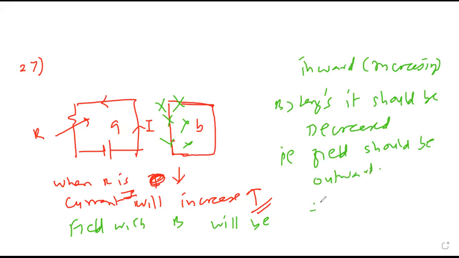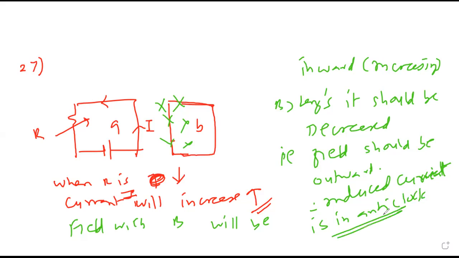Therefore, induced current is anti-clockwise. Induced current is in anti-clockwise direction. Now, write B, always anti-clockwise. And then clockwise, cancel that one.